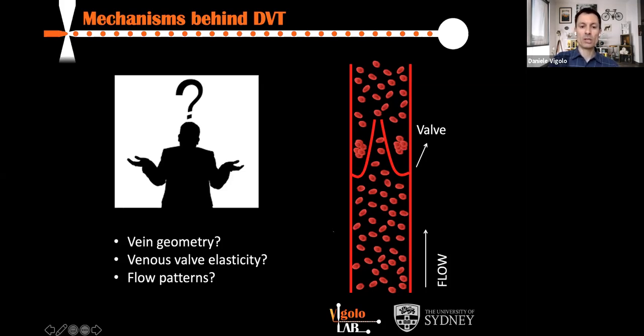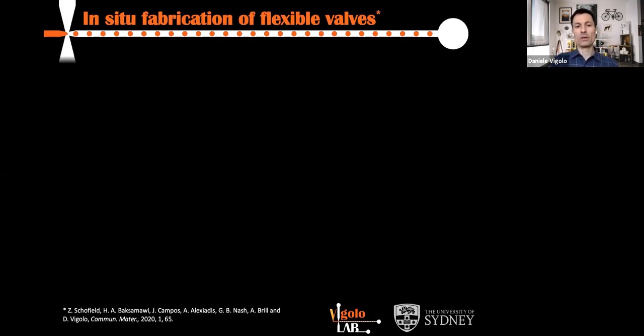So one is, can we manipulate the properties of the vein itself and the valve in particular, and can we monitor and discuss flow patterns? So for the vein part, the key part of this is not so much the vein itself, but really the valve.